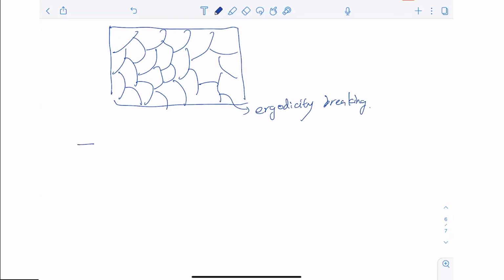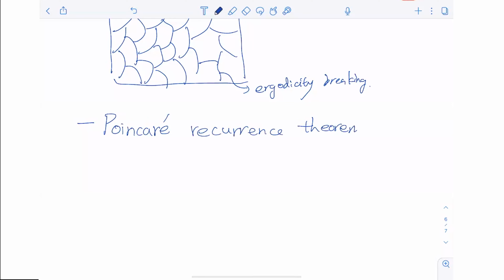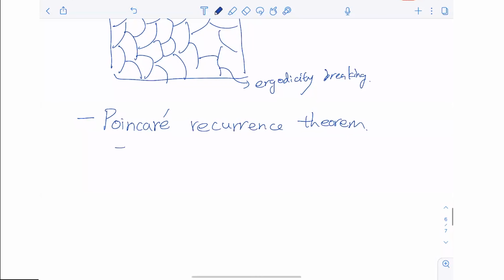So another thing that's related to Liouville's theorem is a concept called the Poincare recurrence theorem. The idea is also simple.